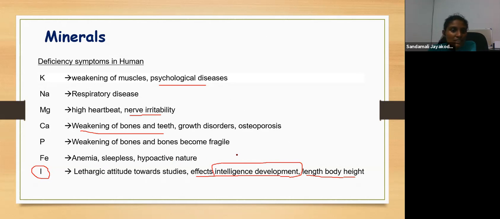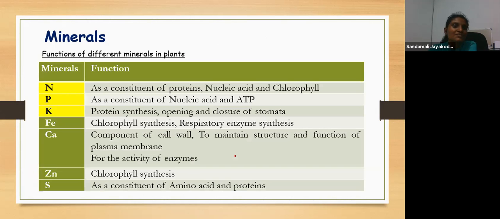And then functions of minerals in plants. NPK, those are the most important elements for a plant. We very often say NPK fertilizers when we buy fertilizer. For flower plants and for vegetables, we use these fertilizers.